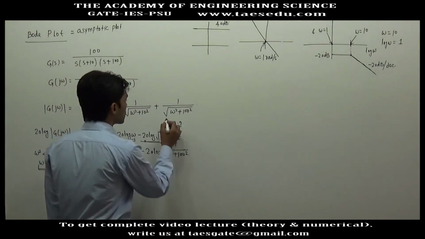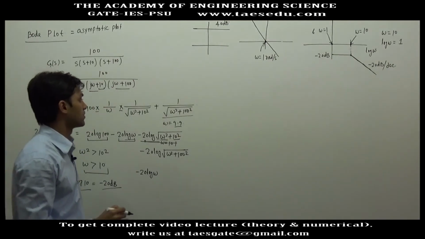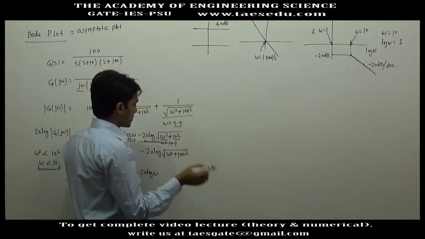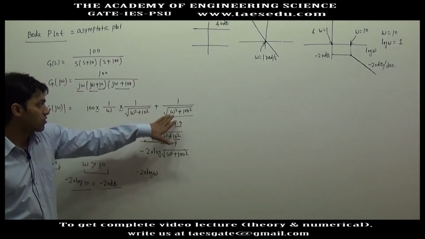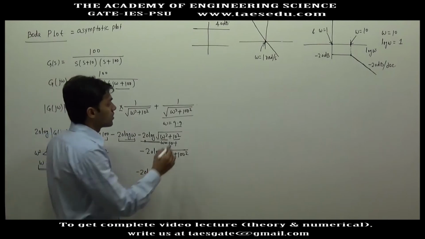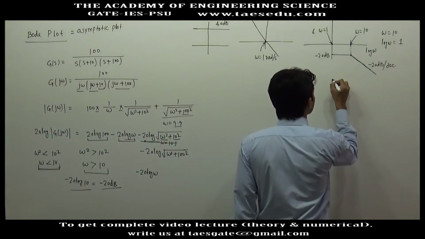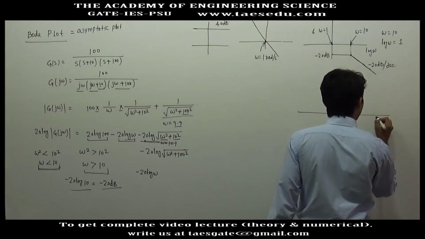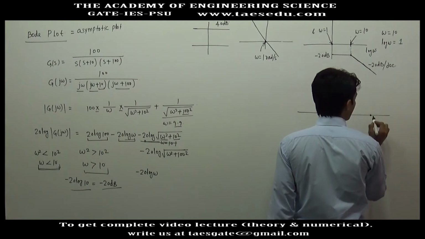Okay, the next term is omega square plus 100 square. In the same way as we did in the case of omega square plus 10 square, the corner frequency will be 100. Omega equal to 100 means log omega equal to 2.